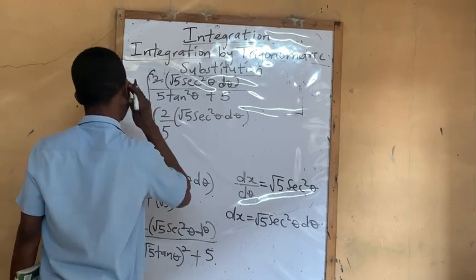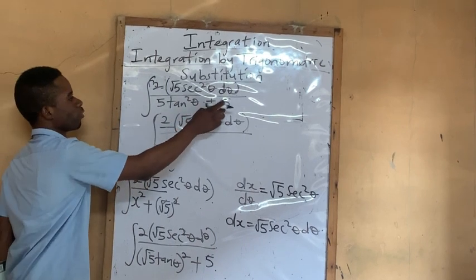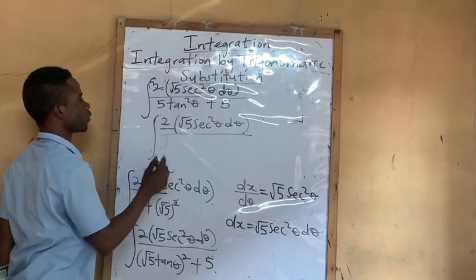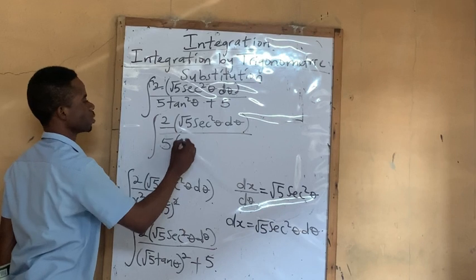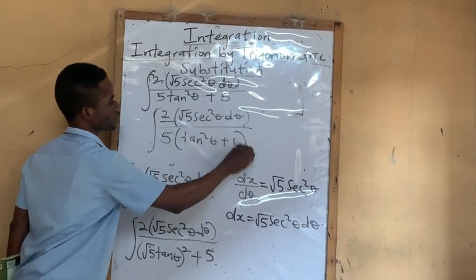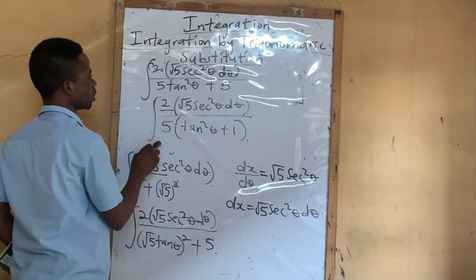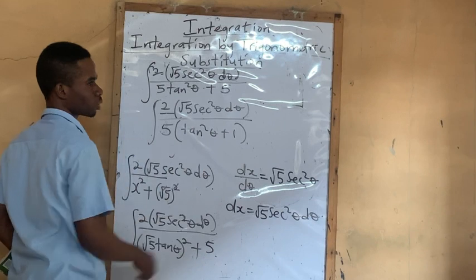Now, if you look at this, there is something that is common here. 5 is common here. I can factorize for 5: 5 open bracket tan square theta plus 1. Now 5 is common. I bring out the 5 that is common. It remains tan square theta plus 1.